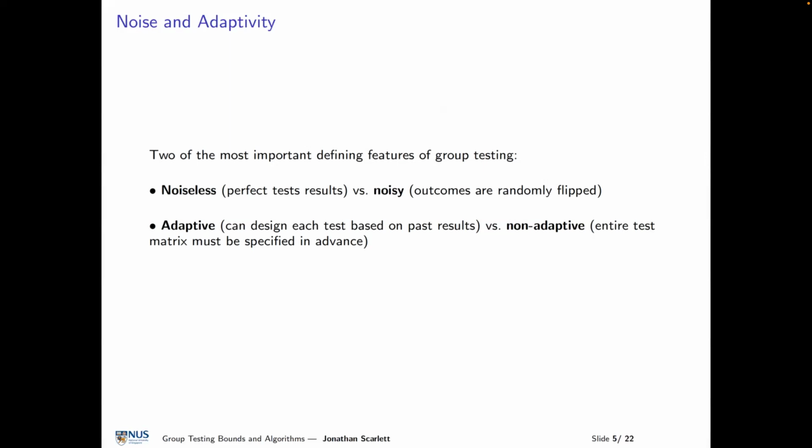Just before you go on. Does this connect to experimental design in statistics? Yeah, I think some of the really early works in Russia made that connection. I'm not an expert on that, so I wouldn't know exactly.